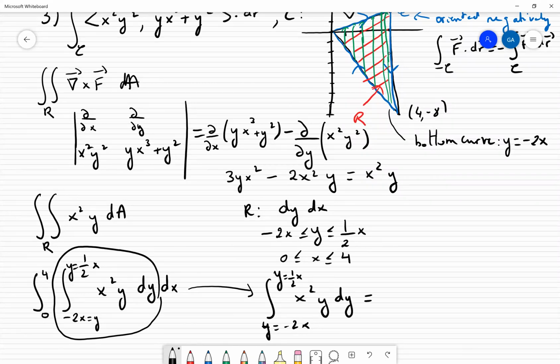So when it comes to the y variable, x squared is a constant. So it's really finding the antiderivative of y, because those guys are multiplied. The antiderivative of y is 1/2 y squared. So here we'll have x squared times 1/2 y squared, which we're going to evaluate between negative 2x and 1/2 x.